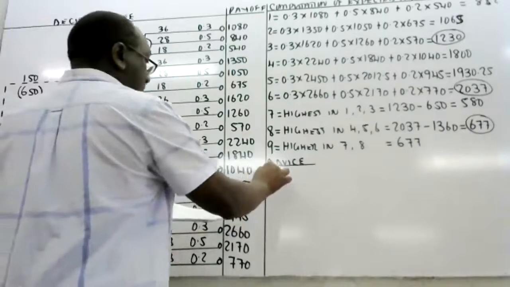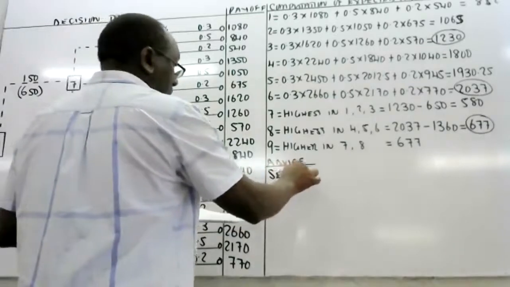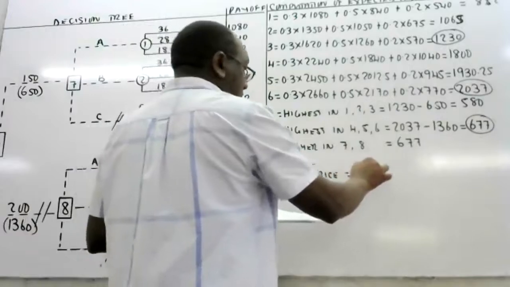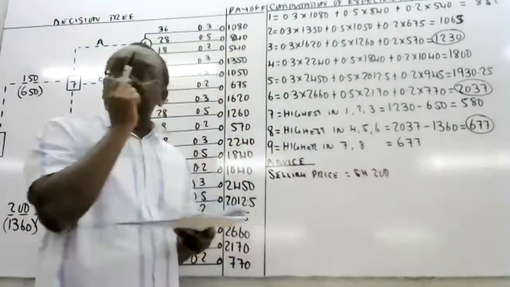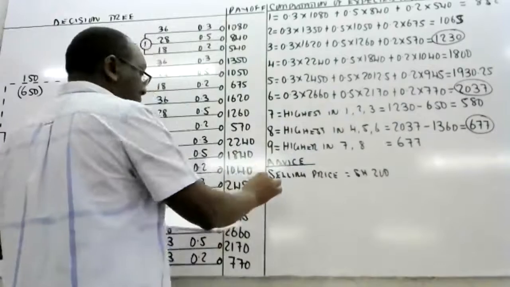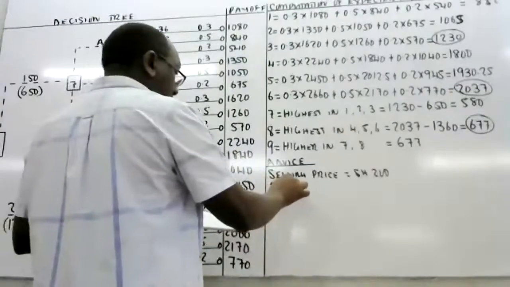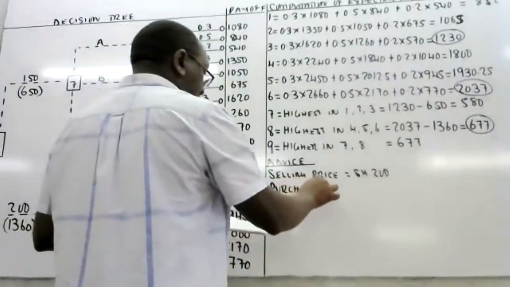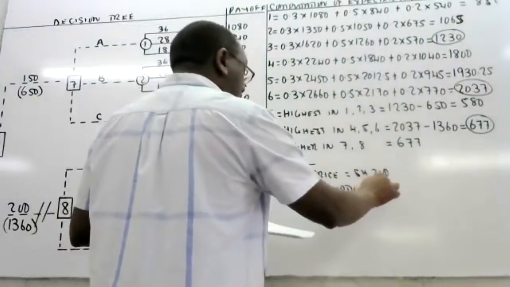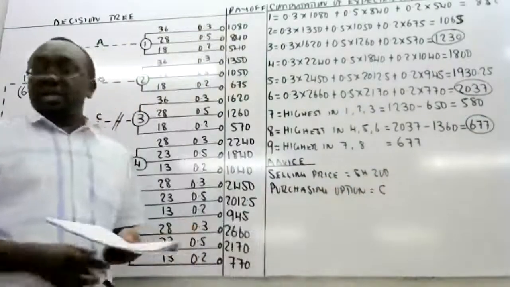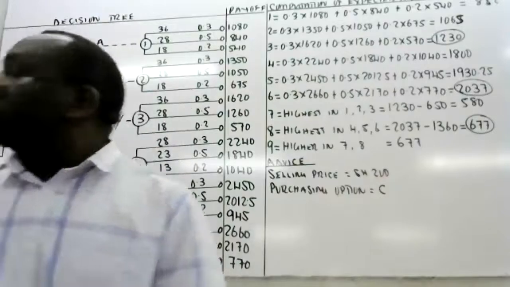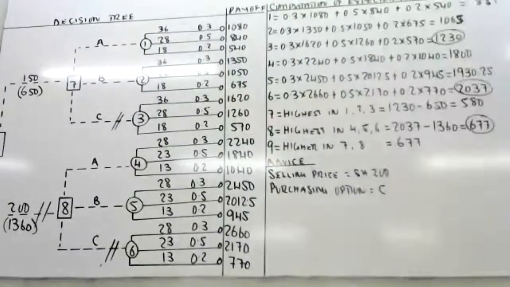So selling price should be shillings 200. And then purchasing option should be option C.